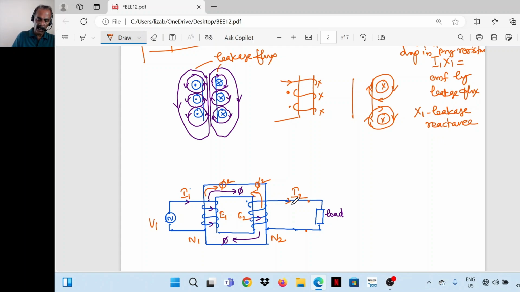When secondary current increases, the secondary flux also increases. So the primary draws proportional current and sets up an equal and opposite flux to cancel out the flux produced by the secondary, so that the net flux remains the same, that is phi. Always it remains phi in the core.